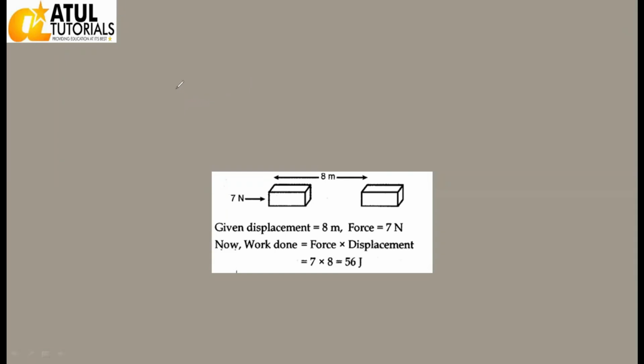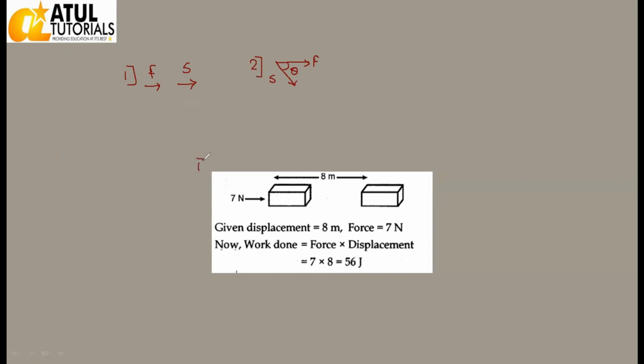Let's solve a numerical for both the cases. First one for when the force and displacement is in same direction, and for second case when there is an angle between force and displacement.